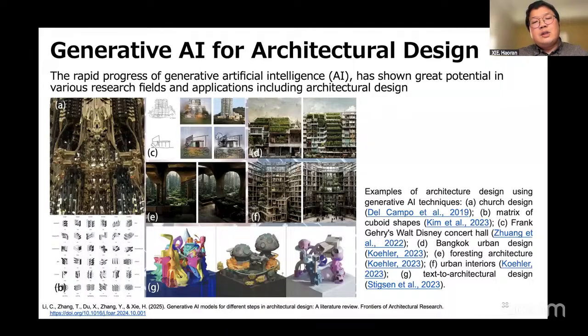They depend on plugins in Rhino. So the culture gap between the two fields is very huge. We want to fill this gap so that professional design uses state-of-the-art generative AI models.